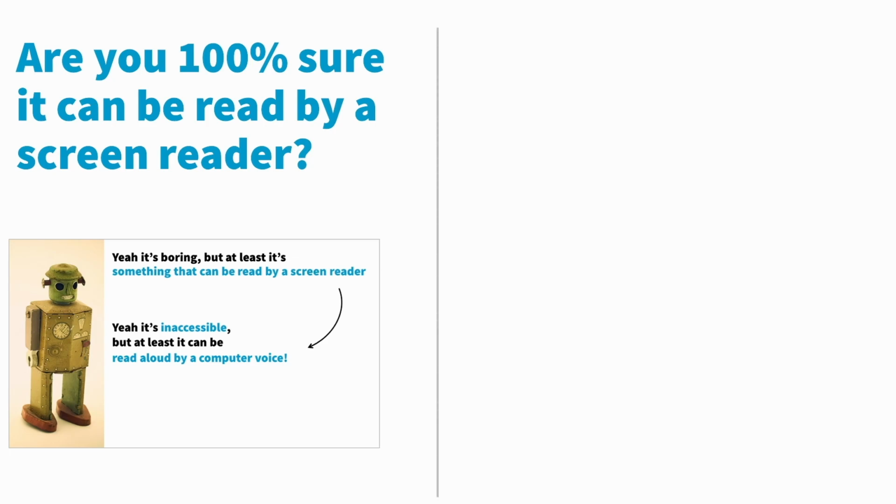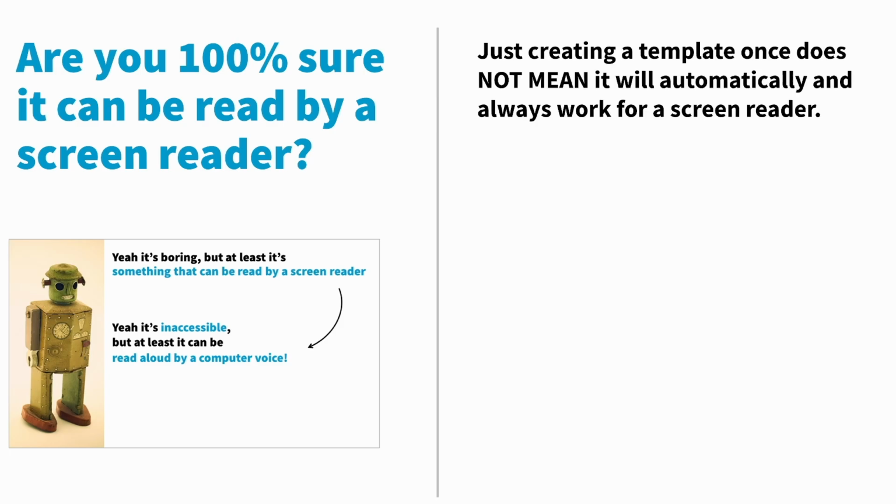Because here's the thing that I've realized most people who say this don't know: just creating a template once does not mean it will automatically and always work for a screen reader. I have seen tons of accessibility websites say, here's our template, use this, and it can be read by a screen reader. And then that's kind of it. So I totally see why people might think it's screen reader friendly because they just used that template. But here's where the risk comes in.